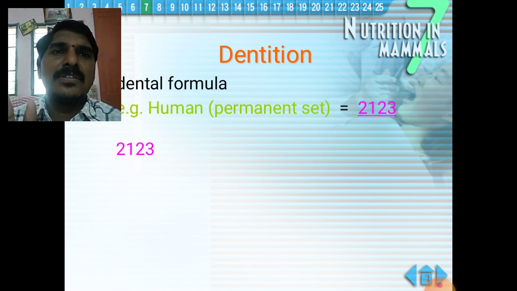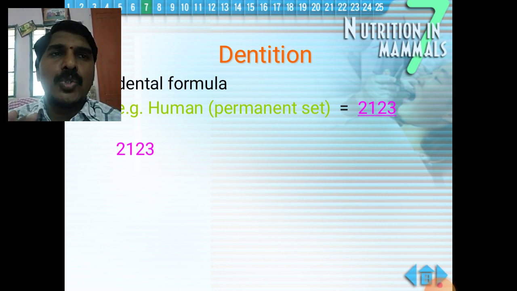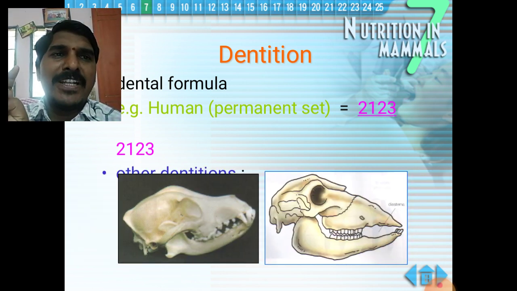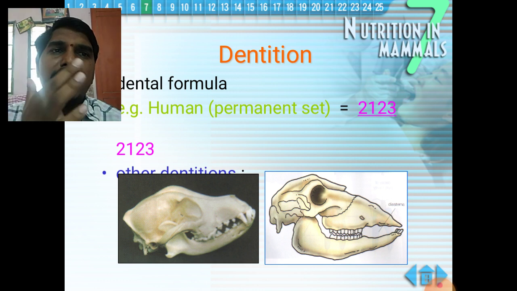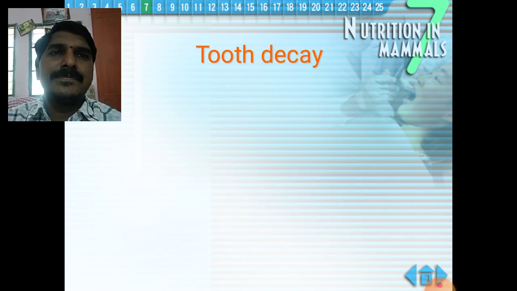That is, 2 incisors, 1 canine, 2 premolars and 3 molars. So 8 like that.